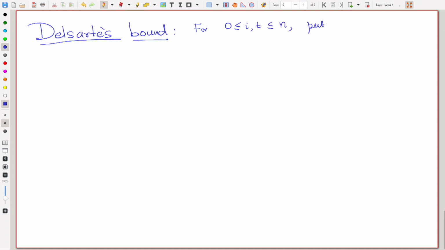The statement itself is really funny: define K_t(n, i) to be just some number, the sum for j going from 0 to the minimum of i and t of (minus 1) raised to j, times i choose j, times n minus i choose t minus j. Okay, some funny number.